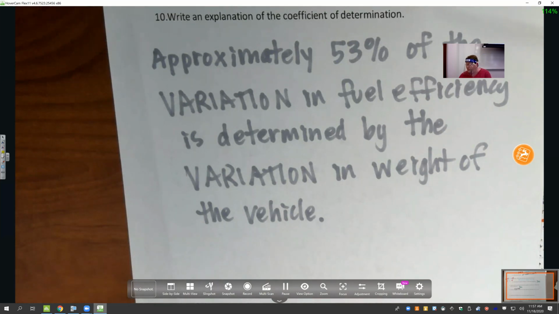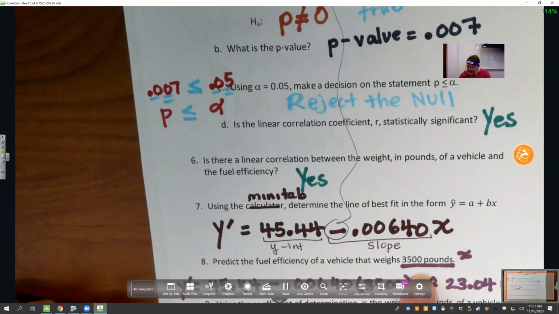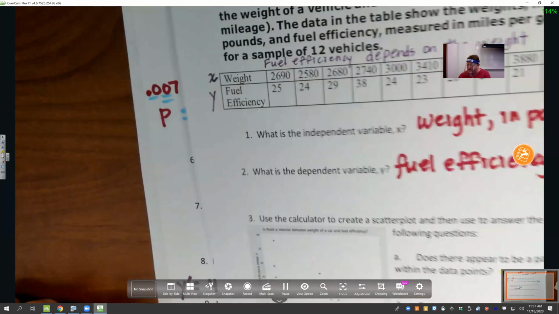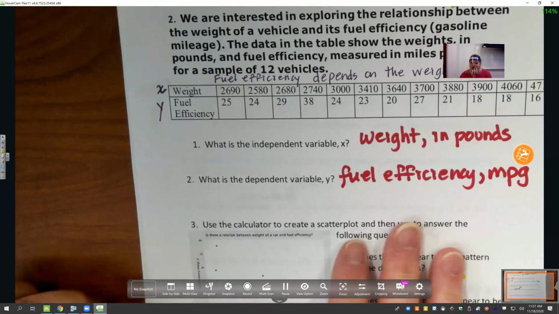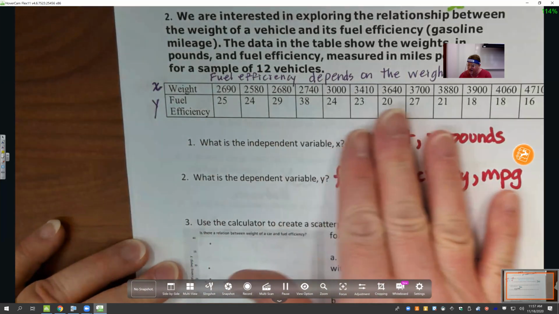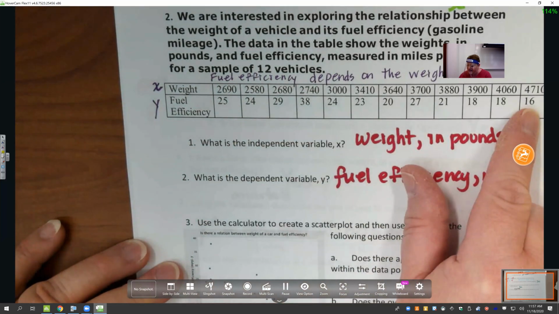The other thing that I want to point out real quickly: notice the X value that we were given, 3,500 pounds. If you go back to your data, we had a low of 2,580 and a high of 4,710.